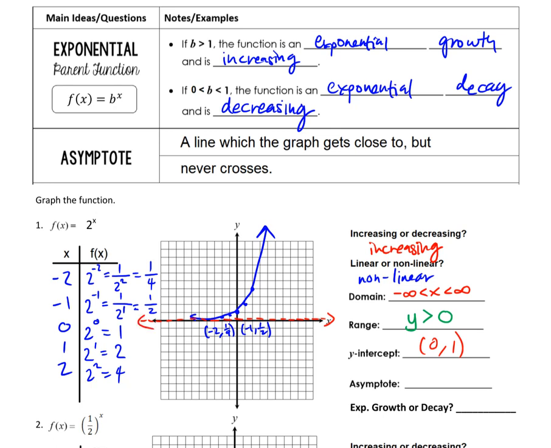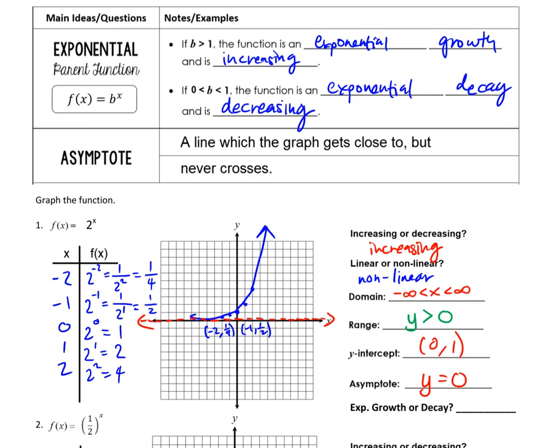So think of it as the police trying to protect all the protesters from getting into Capitol Hill, right? So this is going to be the line y equals 0. This refers to this asymptote, a line which the graph gets close to, but it never crosses.